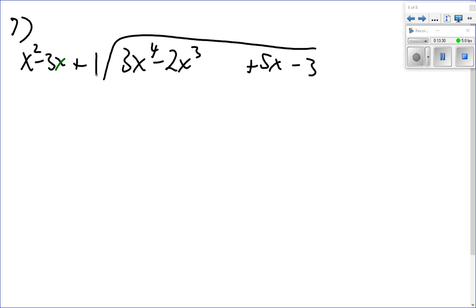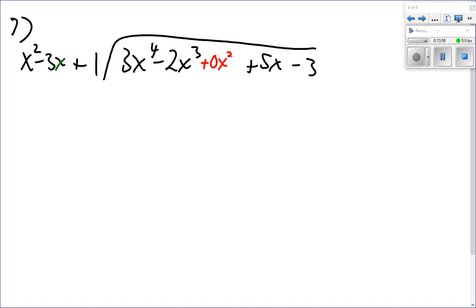If you could use synthetic division, then you would have to account for the fact that there's no x squared. You don't have to do that if you're doing long division, but I would recommend it because it'll keep your terms lined up correctly. If you don't do this, you might end up combining terms that really can't be combined.